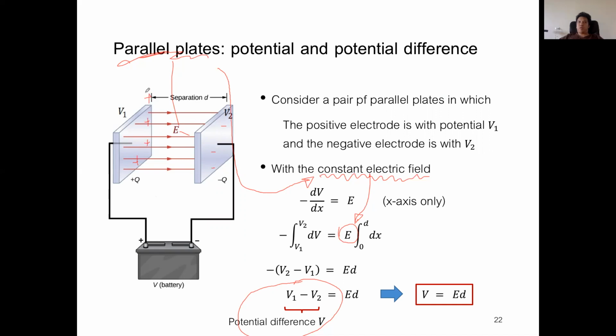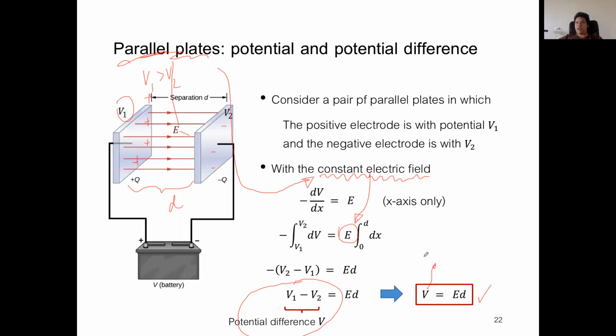Okay, so V1 here should be larger than V2. So the potential difference would be V1 minus V2, and is equal to E times D, where E is the electric field, and D is the total distance separating the parallel plates. It is the formula that we know as V equals ED.